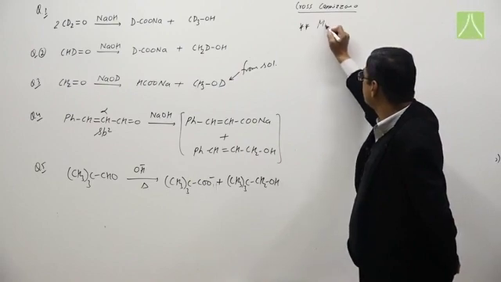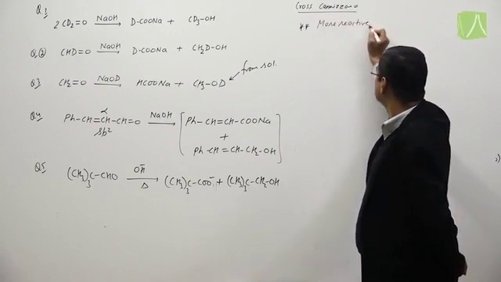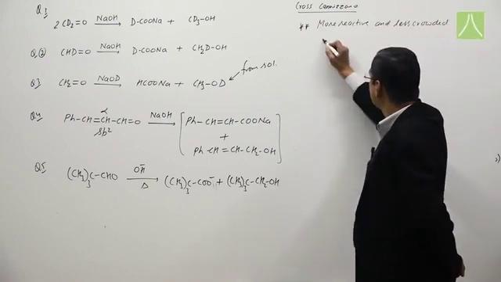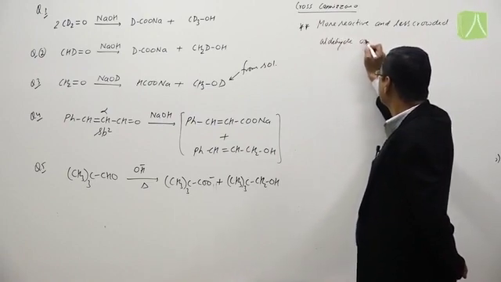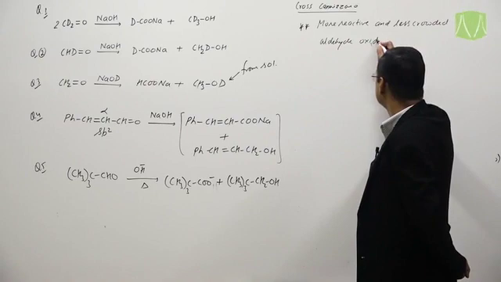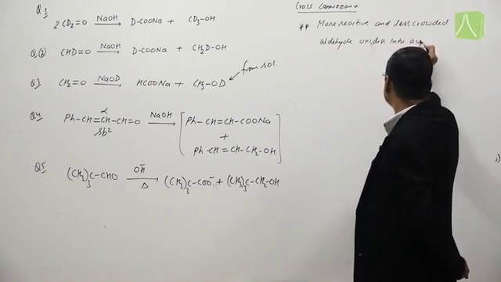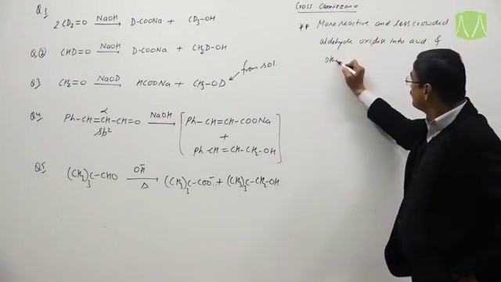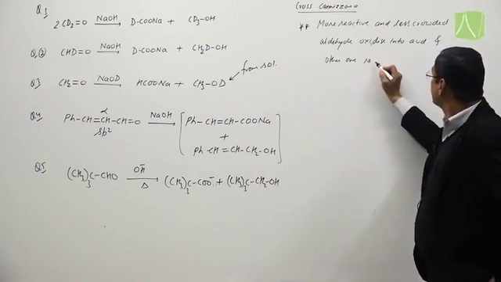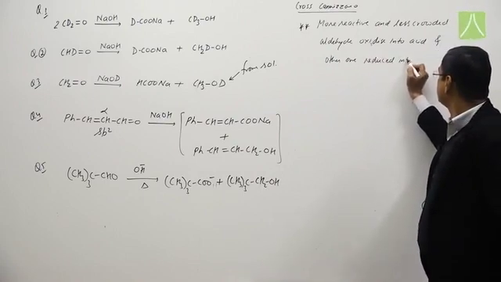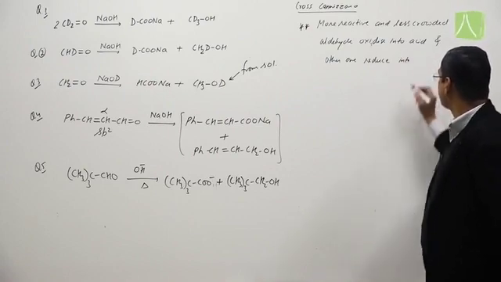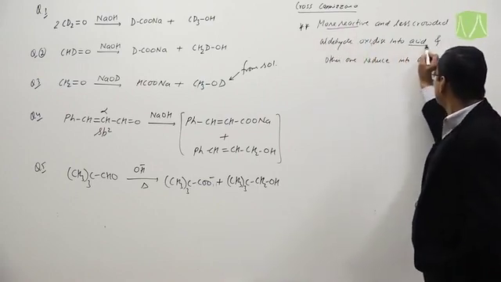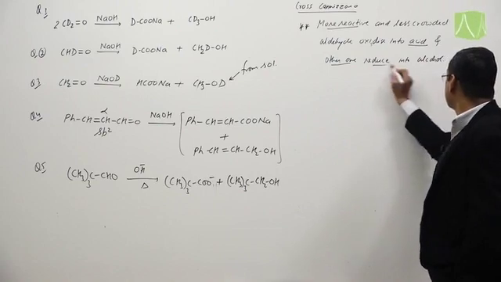Write like this: the more reactive and less crowded aldehyde is oxidized into acid and the other one is reduced into alcohol. So the more reactive is oxidized into acid and the other one is reduced into alcohol.